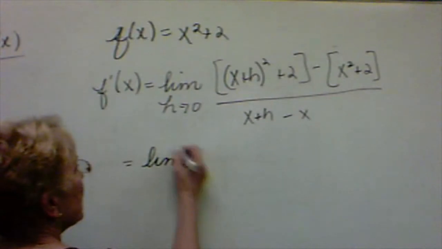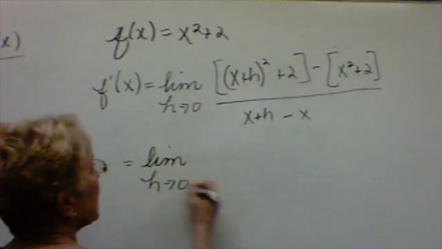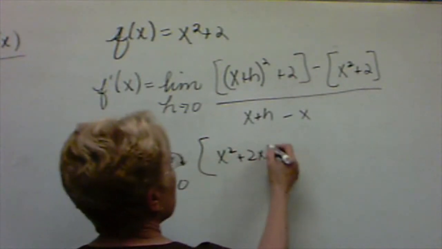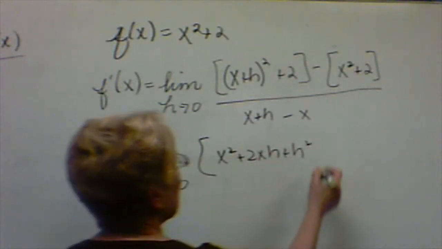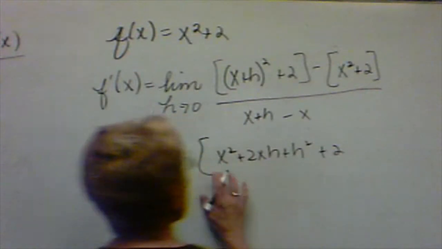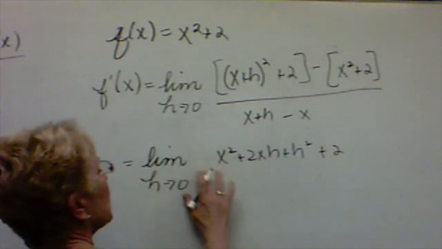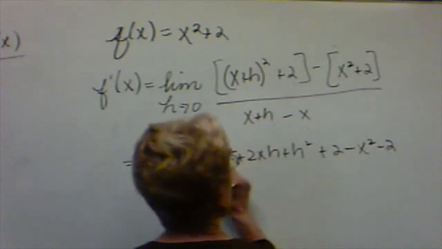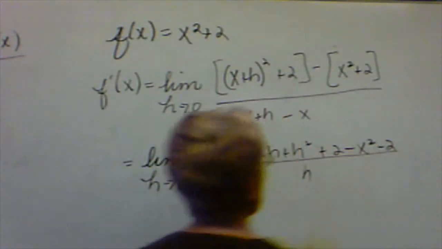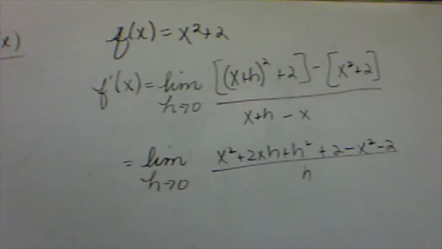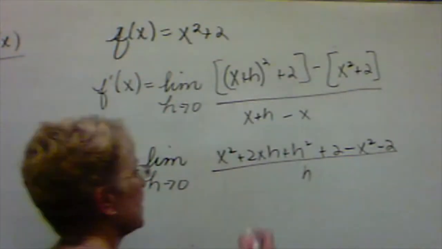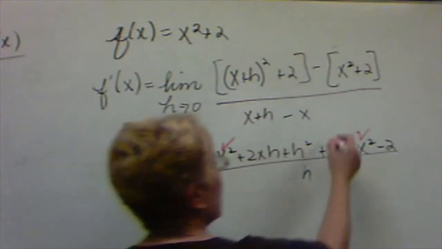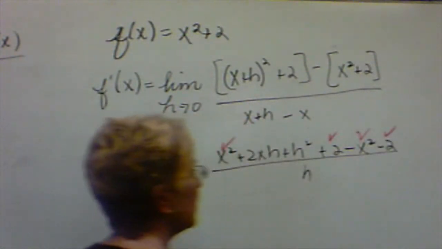The derivative is equal to the limit as h approaches 0 of x squared plus 2xh plus h squared plus 2, and I guess we don't really need these anymore. We can just distribute: minus x squared minus 2, all over h. Now you can see that some of these are going to collapse. x squared and minus x squared, positive 2 and minus 2.